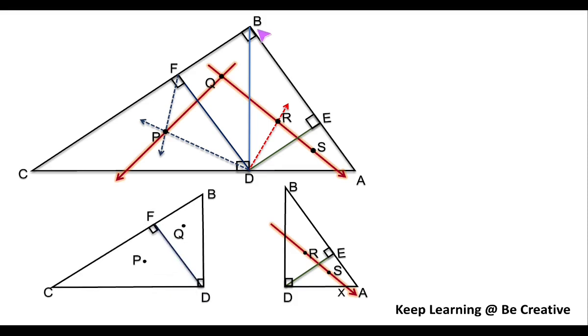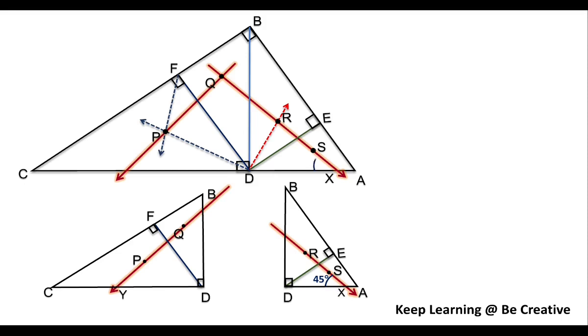Similarly, I can take out triangle BDC, and here BC will be the hypotenuse on which I have drawn DF as the altitude. So we have again 2 small right angle triangles DFB and DFC, and since P and Q are the incenters, if I connect them, it will intersect CD at Y. Now if you remember the concept, we have this angle as 45 degrees using the concept which I have just told you.